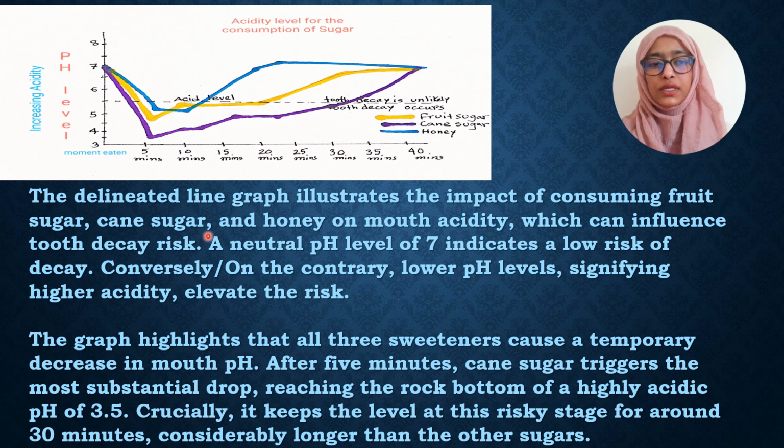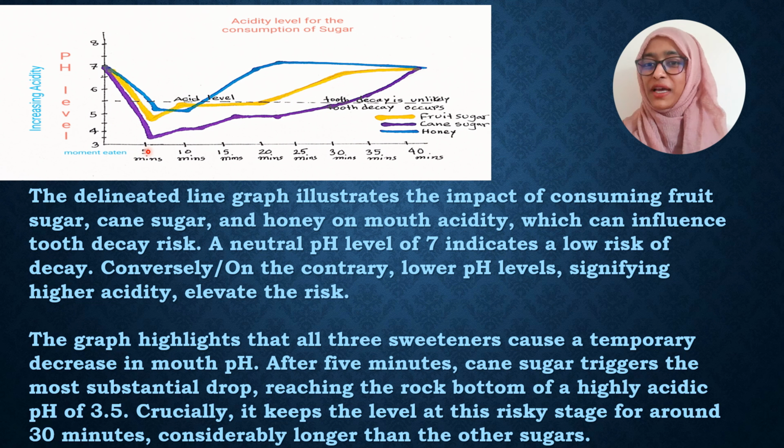After 5 minutes, see, here is the time after consuming your sugar. After 5 minutes, canned sugar triggers the most substantial drop. Substantial means significant drop, reaching the rock bottom of highly acidic pH of 3.5.